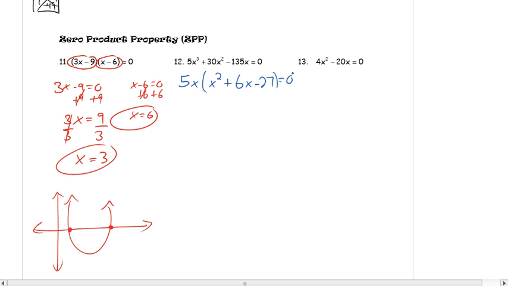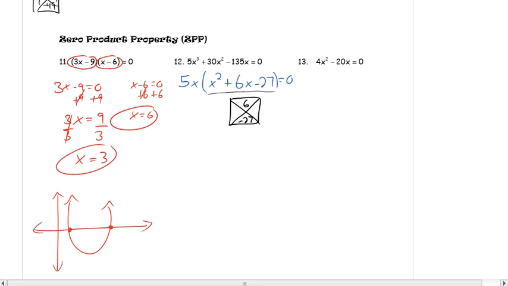Now it's a box problem. Okay? So we're going to do a little box with this middle portion here. And we're going to get two numbers that add up to 6 and multiply to give me negative 27.